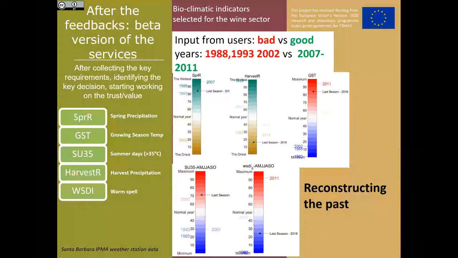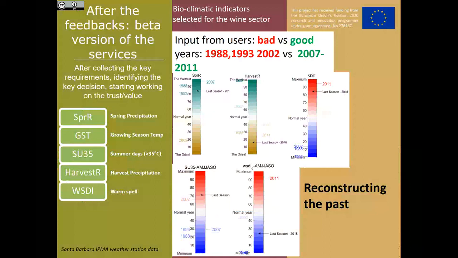So the number of events where the days are above the 90th percentile of the distribution.